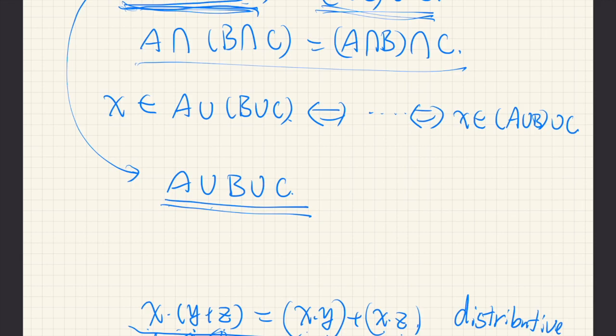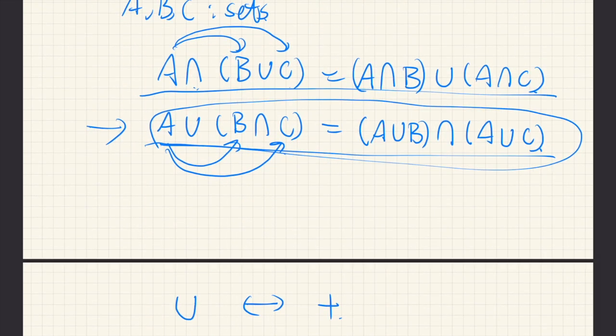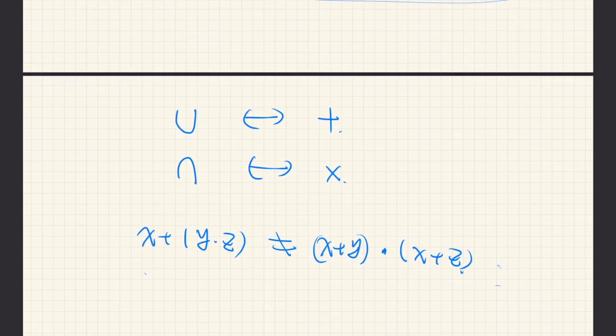They are all similar to the corresponding operations with numbers, but there is some difference, such as this distributive law. And we compared union with addition and intersection with multiplication.